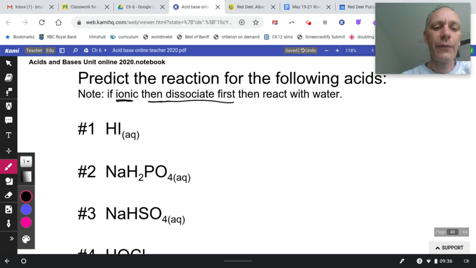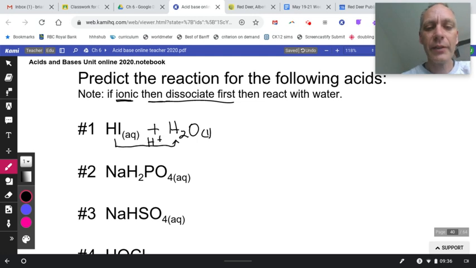So first compound is hydrogen iodide or hydroiodic acid, aqueous. HI aqueous. Okay, so this is not an ionic compound. It's just a molecule. So we're going to react it with water. Just to make sure we understand, we'll show that H+ leaving the acid and joining the water to make our hydronium. So again, that's why it's an acid.